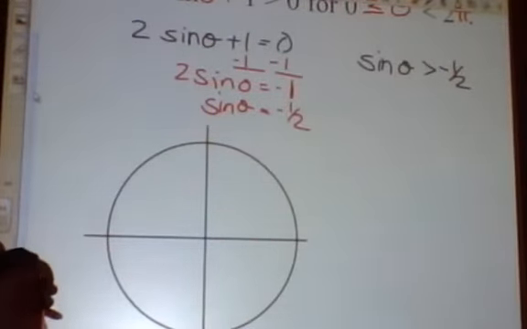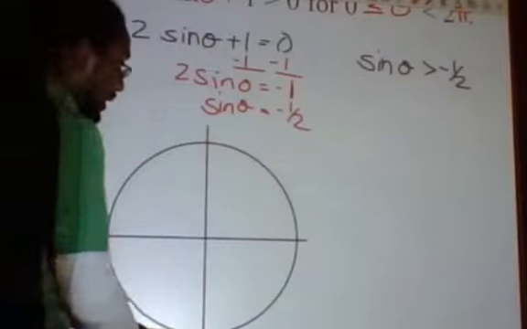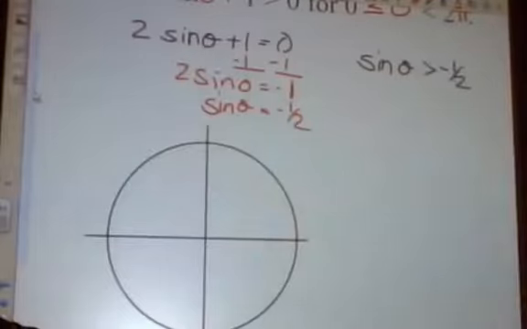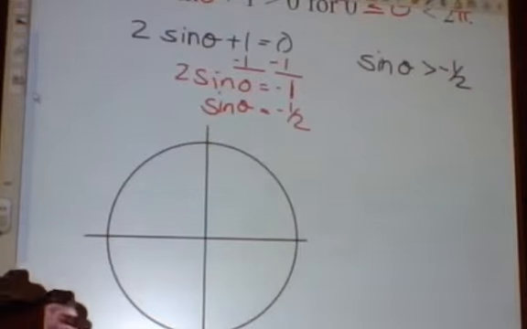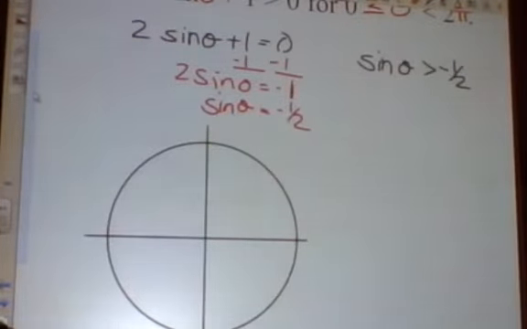So if we were to look at our sine functions here, we would know, okay, and before we go into this, we'll look at a quick trick to remember, for the unit circle, where all will be positive, where sine will be negative, or where sine will be positive, and all the good stuff.